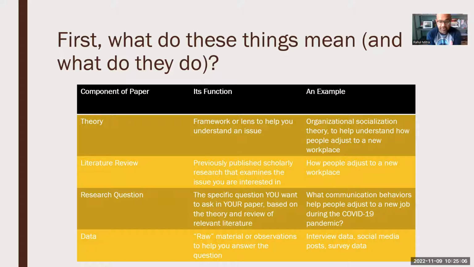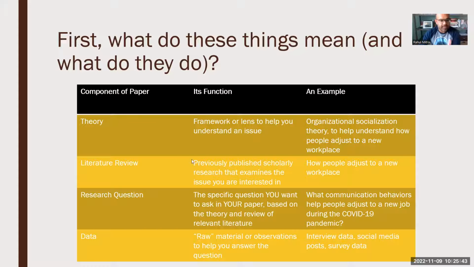Theory, as I understand it, is basically a framework or a lens, an eye lens, to help you understand an issue. So for instance, suppose you want to understand how people are adjusting to a new workplace. In that case, organizational socialization theory would probably be best suited to help understand what's happening in this particular problem.